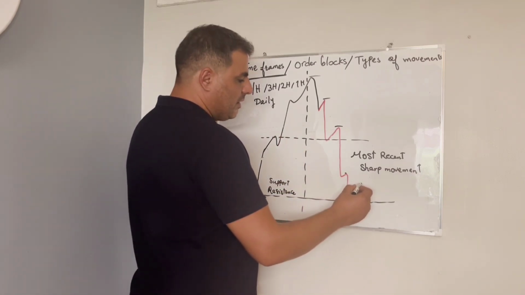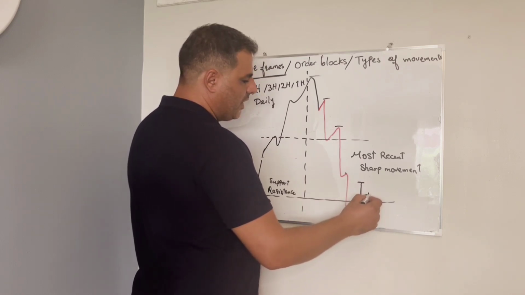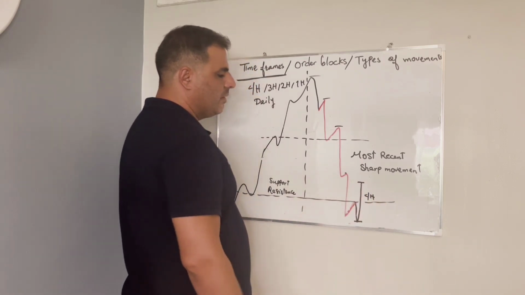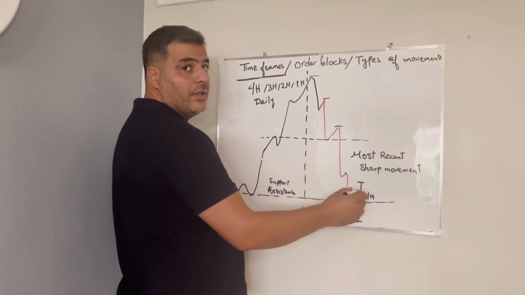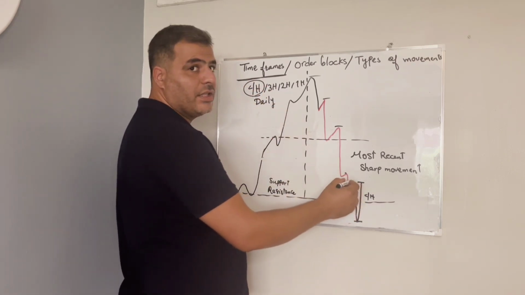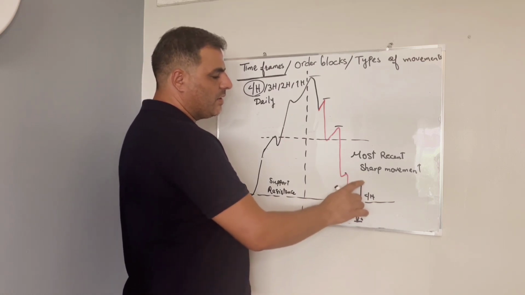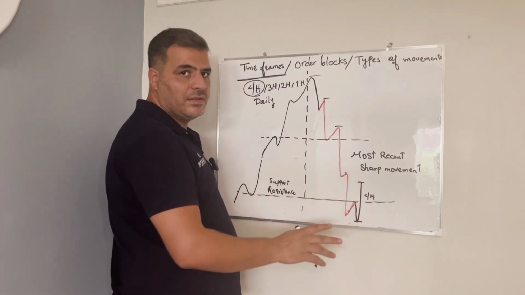The most recent, if let's say this is the 4-hour candle, we are looking at a 4-hour. Let's say this is the 4-hour time frame, and this candle has already closed. It means before this candle closes, we don't make any judgments yet.